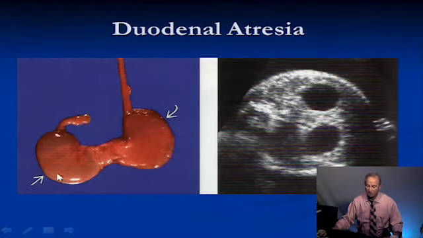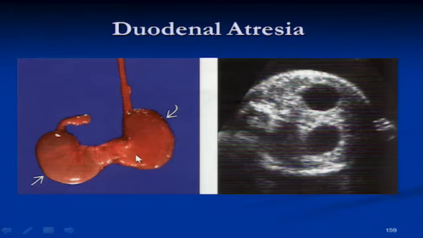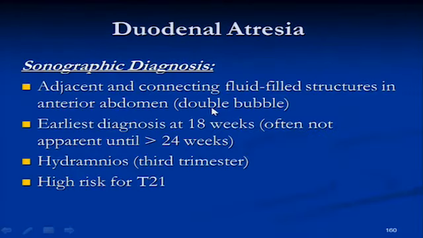So then the first part will fill with fluid, and you will have two fluid-filled adjacent cavities. One is the stomach, and one is the first part of the duodenum. That's why you end with a double bubble. So duodenal atresia, the characteristic feature, double bubble sign, or two connecting adjacent fluid-filled structures.